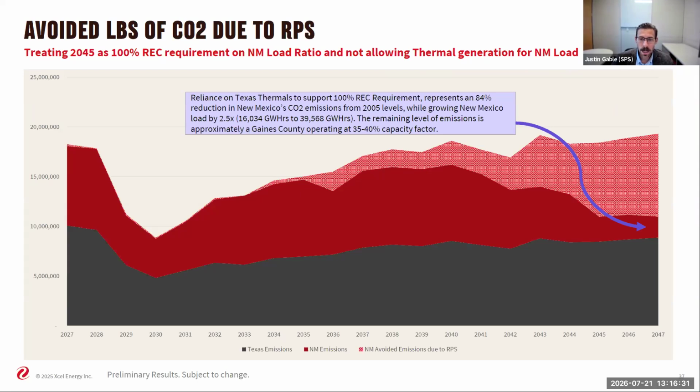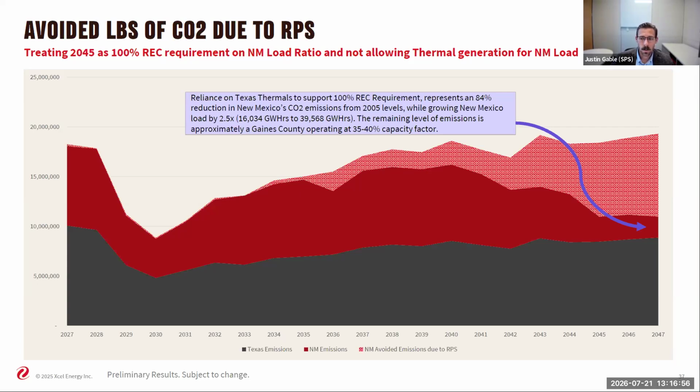If you include the red hatched area, that would be the base emerging tech scenario. So that's the least cost scenario, and that's where emissions are. The red hatched area is when we've removed the New Mexico thermal resources and reinforced the RPS constraint. That becomes the avoided emissions by including the RPS constraint.